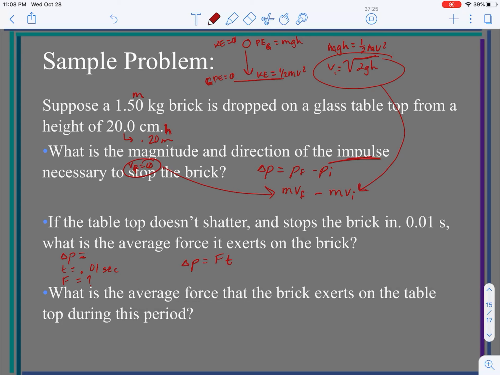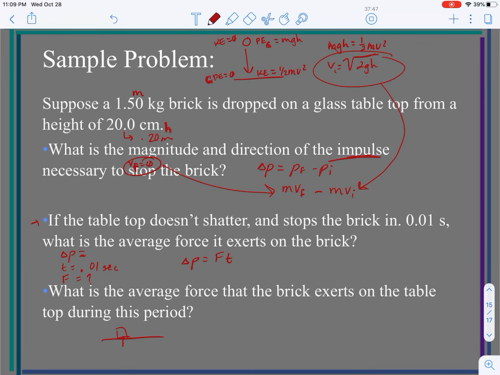The last question here is asking what is the average force that the brick exerts on the table during this period. So this question is saying that we have a brick and it's going to land on a table. So we have calculated up here the amount of force exerted on the brick.